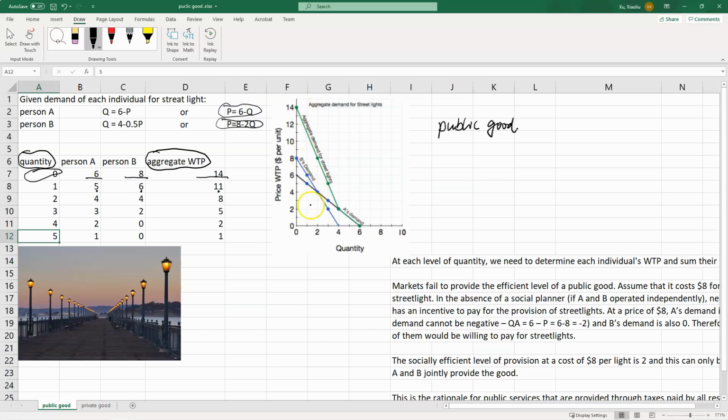For example, if the quantity is 0, then the aggregate willingness to pay would be 14. If the quantity is equal to 1, then the aggregate willingness to pay would be 11.